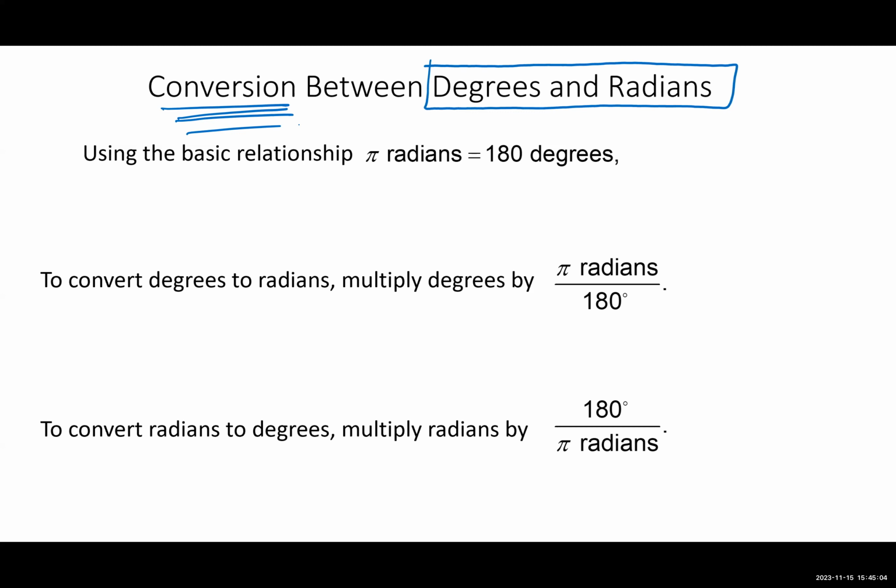If I say draw 30 degrees or 110 degrees, that makes a little bit more sense. So sometimes it's going to be beneficial to convert radian measure into degree measure so it starts making more visual sense.